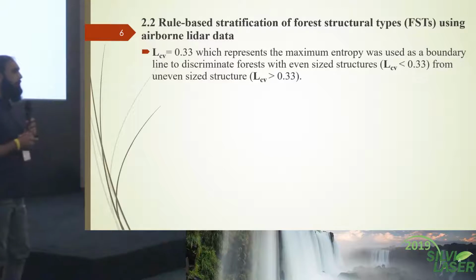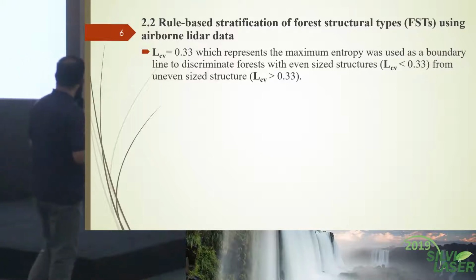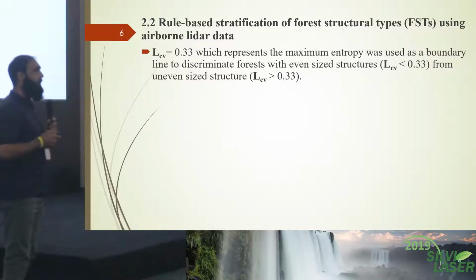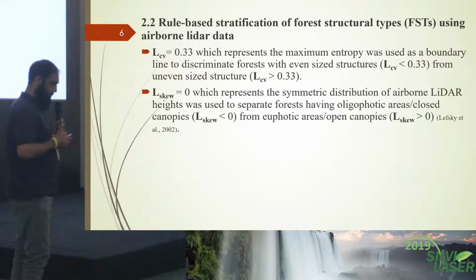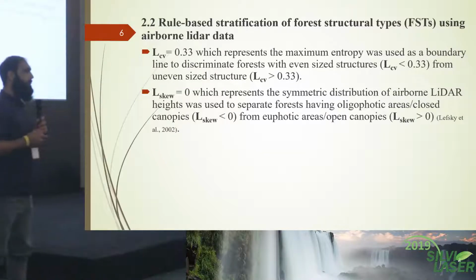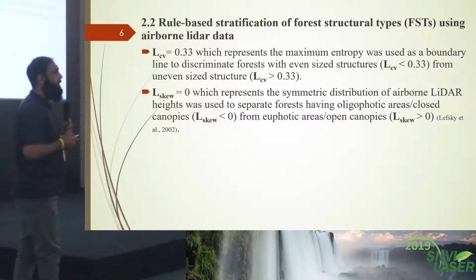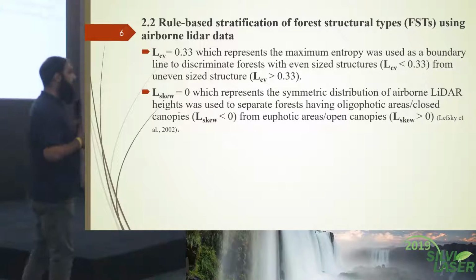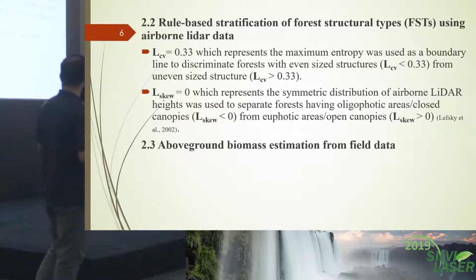So we used an L-coefficient of variation of 0.33 because it represents a maximum entropy, and we separated even and uneven size forest structures. We used L-skewness of 0, which represents the symmetric distribution, and we separated the open and closed canopies.